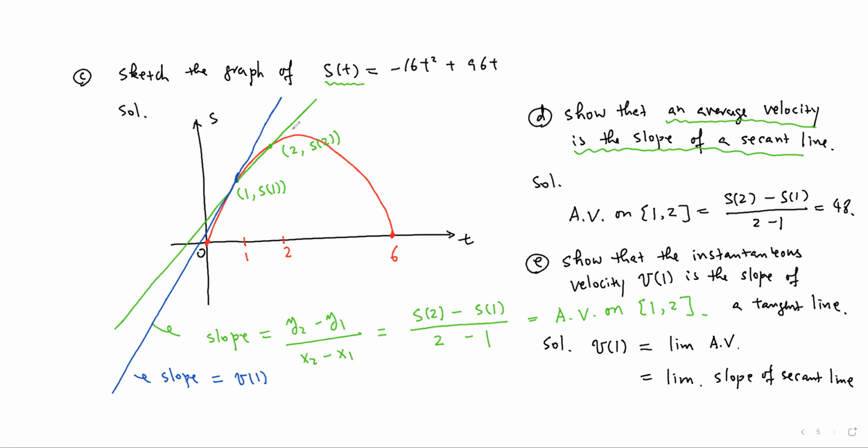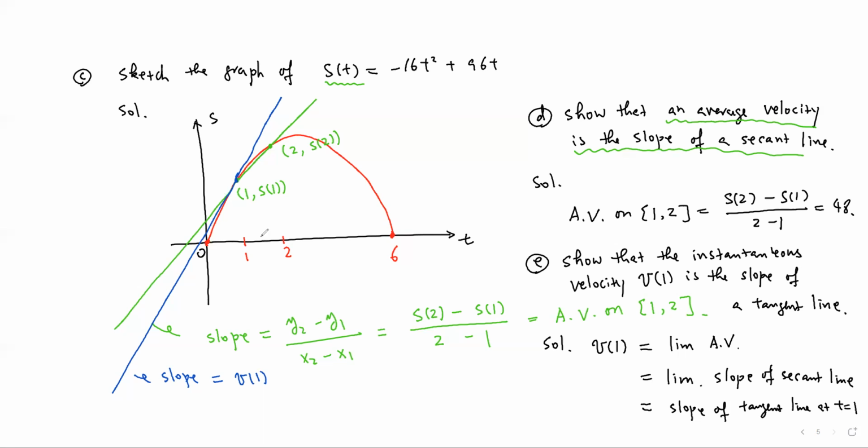But as the time interval 1 to 2 decreases, the green line approaches the tangent line, the blue line. So the limit of the slope of the secant line is equal to the slope of the tangent line at 1, right?